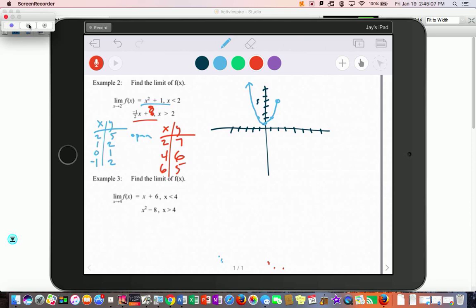So 2, 7, open, 4, 6, and 6, 5. So we get a graph that's kind of looking like this. Now what's different about this is if I do the limit as x approaches 2, it does not exist because there's space between those two spots.